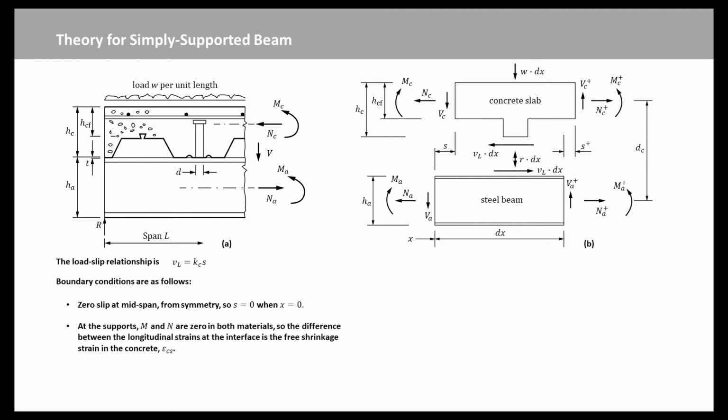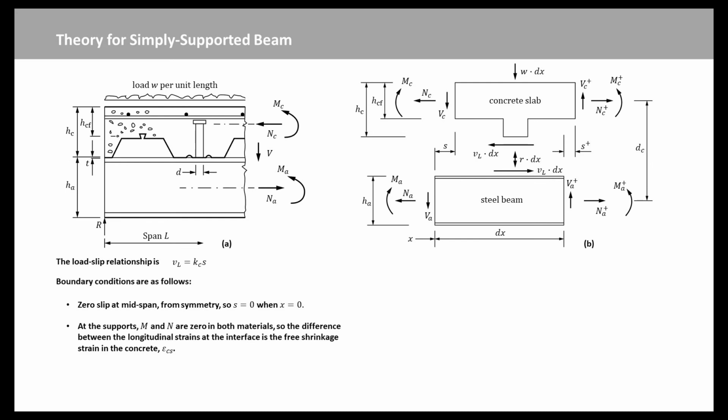The method is to deduce equations from equilibrium, elasticity, and compatibility, and by elimination obtain a differential equation relating S to x. Then solve it and insert boundary conditions. These include zero slip at midspan from symmetry, so S equals 0 when x equals 0.